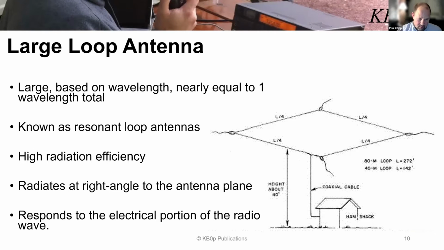And like I mentioned earlier, that's where a lot of the interference, man-made noise resides. And because it responds to the electrical portion of the radio wave, it also couples itself to other metal objects in the area. And that's why you pick up extra noise and different things like that.